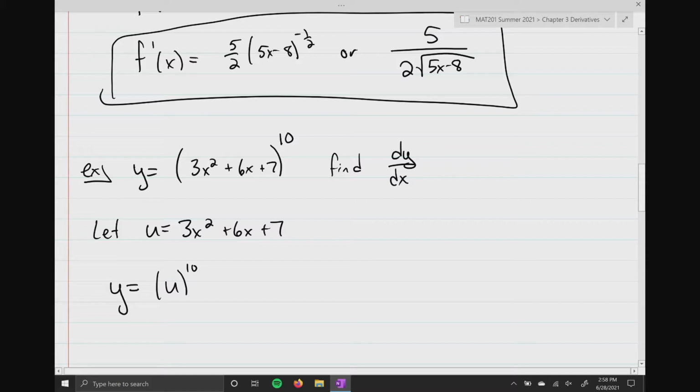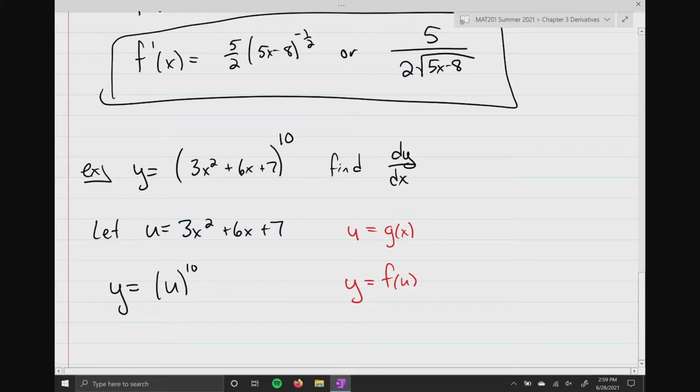And now hopefully you can see that this right here, let me write it in red, this is our y equals some function of u. And then right above, this is u equals some function of x.